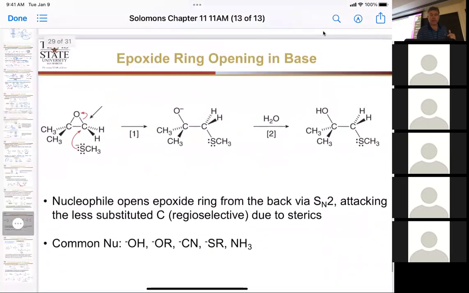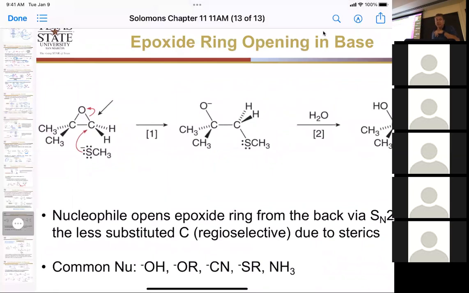Okay, so let's see what happens right here. If we do it with just a straight nucleophile, a good nucleophile, so this has a negative charge, it's sulfur, it's just going to attack the less substituted side because of sterics. See, over here it has to come in between these two methyl groups. Remember, these methyl groups have hydrogens on them too. They take up more room than they look.